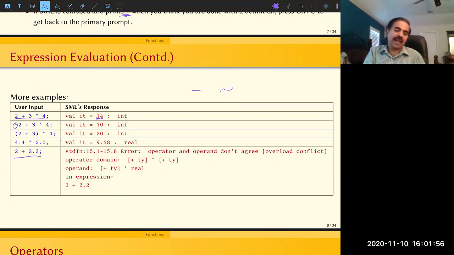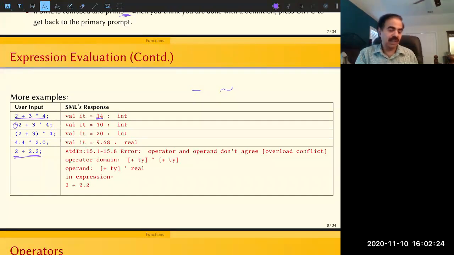So what it is basically saying is that you are trying to add an integer with a floating point number. Okay, so that's what it doesn't like. It doesn't like an integer to be mixed with a real number, and it has a rather messy way of telling you that it doesn't like what it sees.